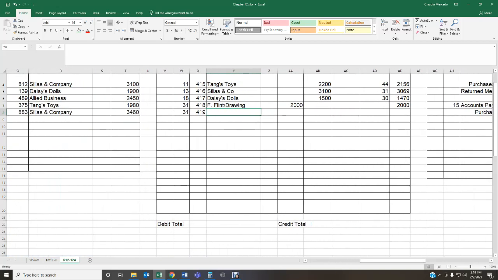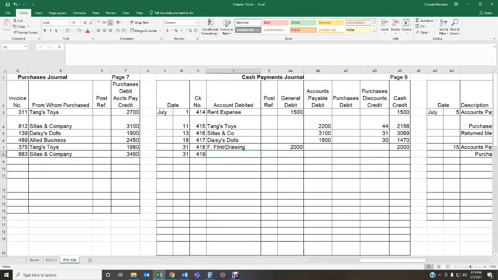Okay, so we've got a cash purchase. So this account is cash, so I don't have to debit the different accounts that we have here. So we're going to leave it blank. I do know that I did purchase $975, so I'm going to go ahead and put that on my purchases debit.